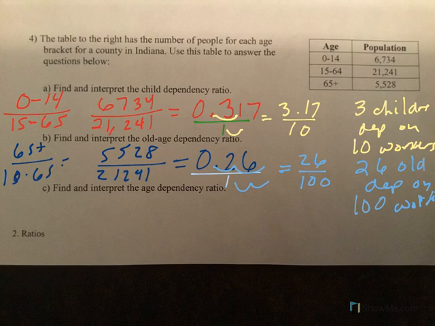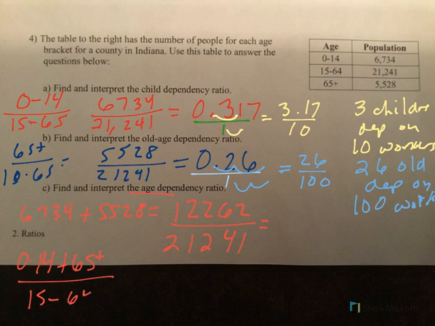And then if we go to age dependency, so now we take our children plus our old people, and that gives us our total dependence of 12,262, and we divide that by our workers, 21,241, because that's everybody, right? We want the 0 to 14s plus the 65 and above, and divide that by our working class.